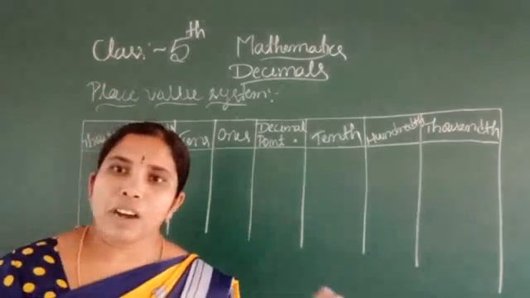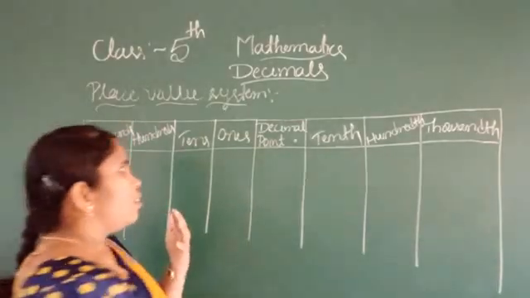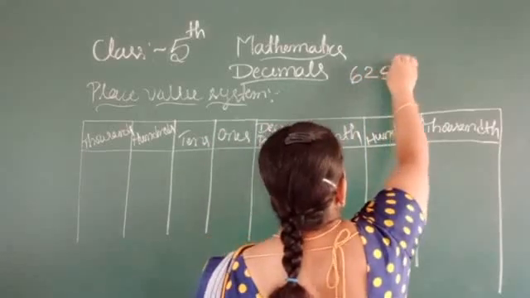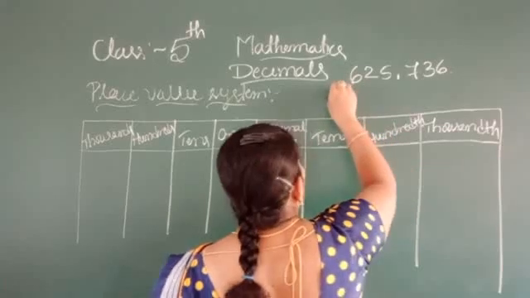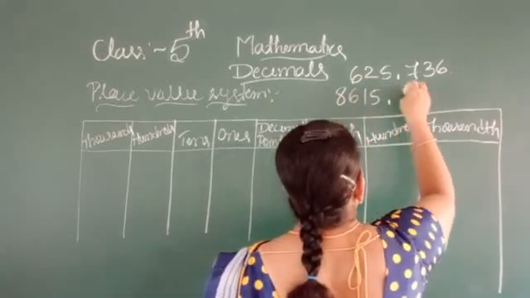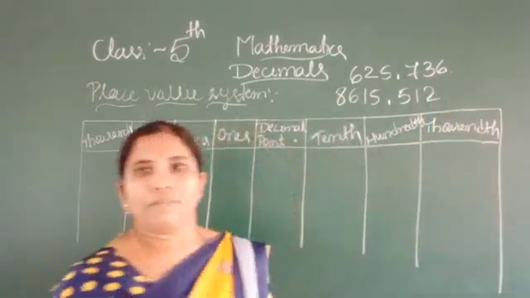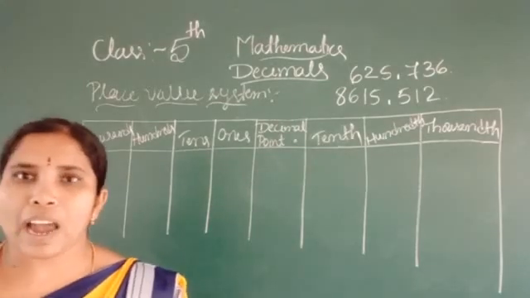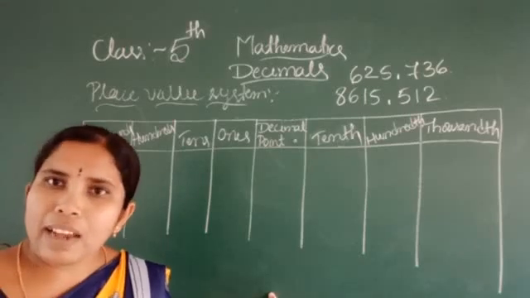Okay, so now I will give some problems. Represent the numbers 625.736 and 8615.512 on the place value chart.